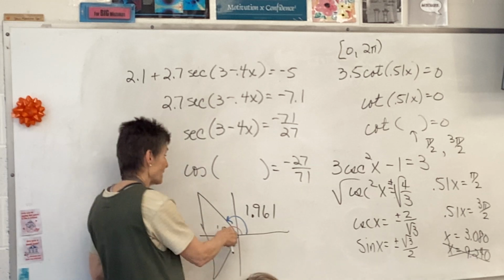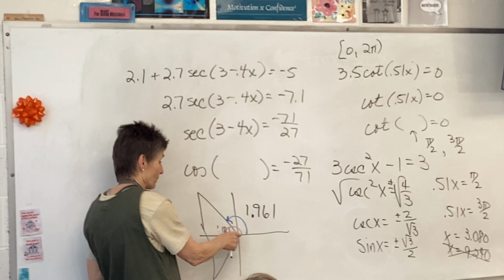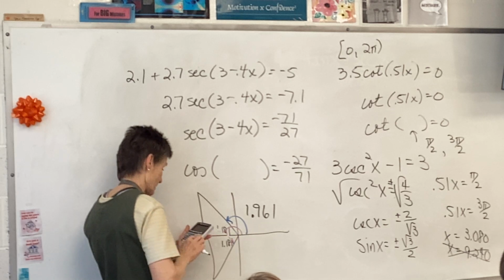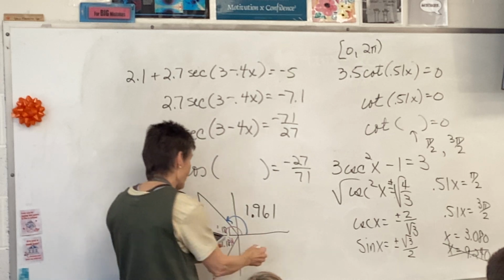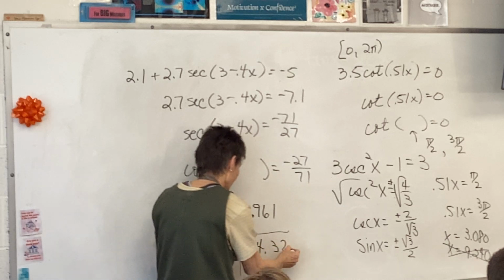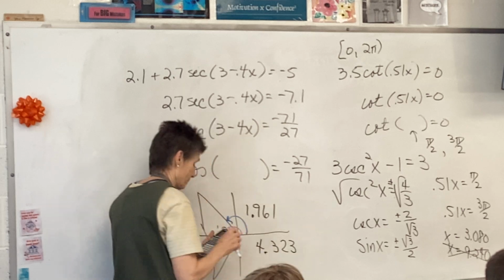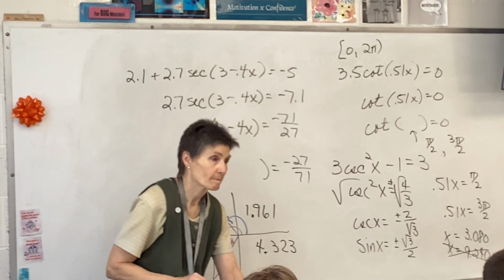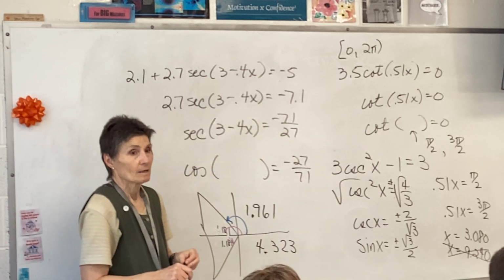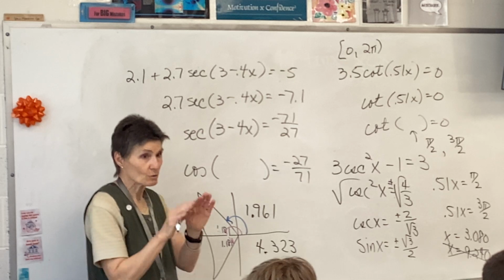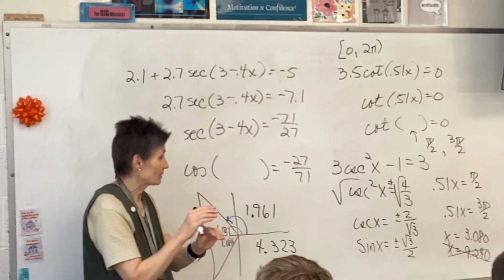Now how will I find my pink one? Pi plus 1.181. So my pink one is 4.323. Now, those are not the answers to the question.